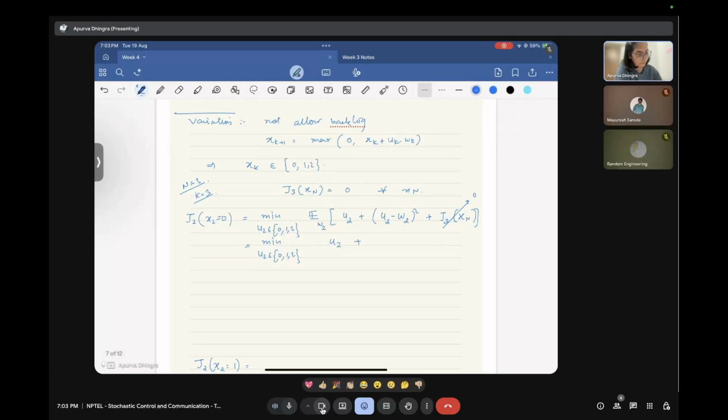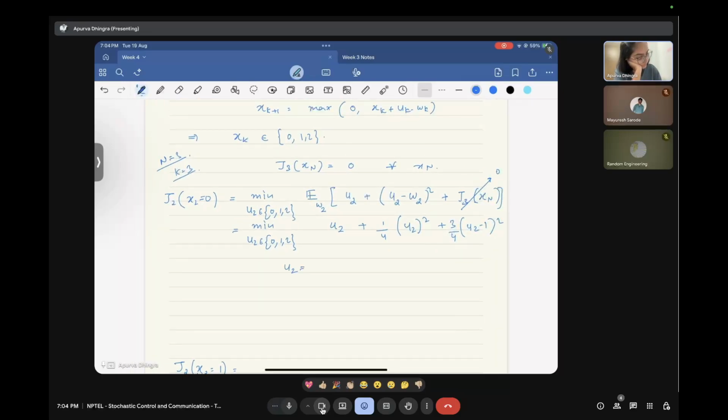The probability of w's two values are 1 by 4 and 3 by 4. So 1 by 4 for just u2 squared and 3 by 4 for u2 minus 1 whole squared. Okay, now our job is to look at the different values of u2, compute this, and see which one gives us the minimum value. We could do it in whatever way we want. So for now I'll just do the computation this way.